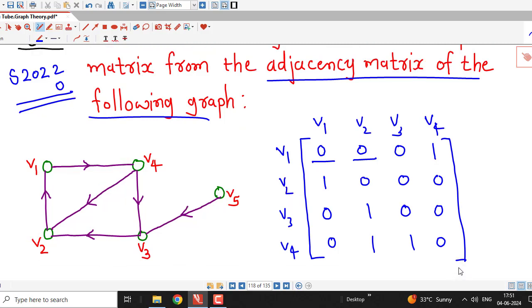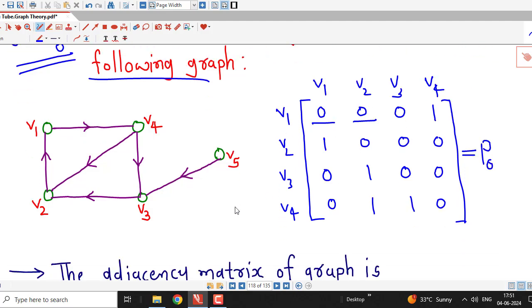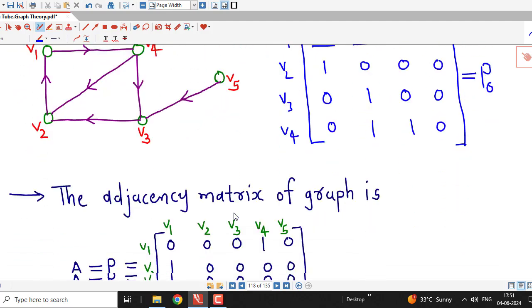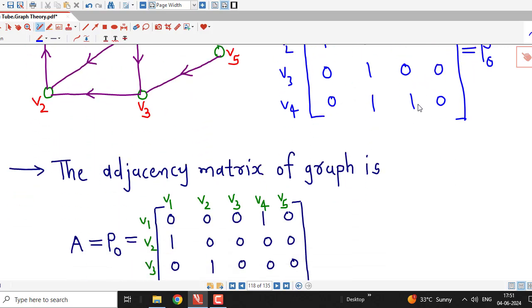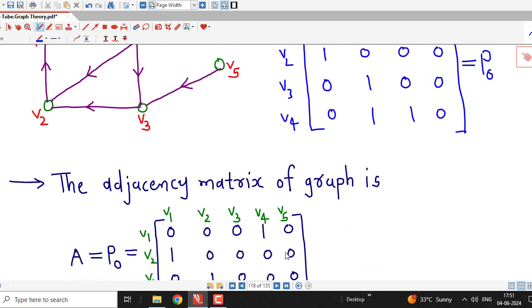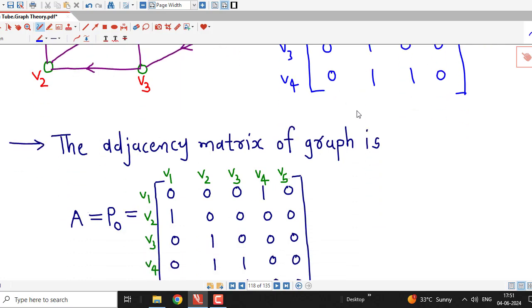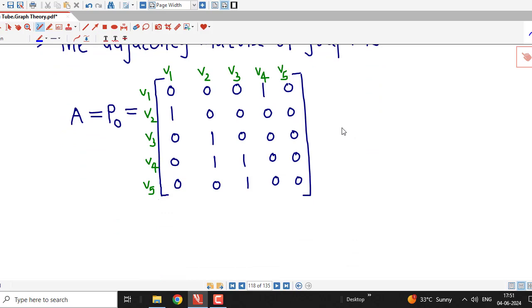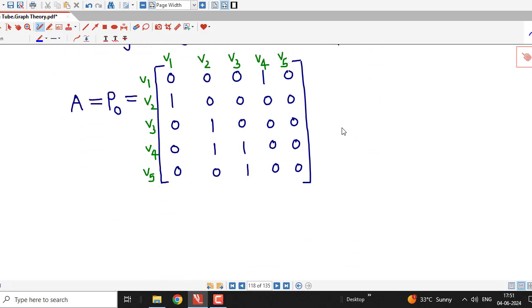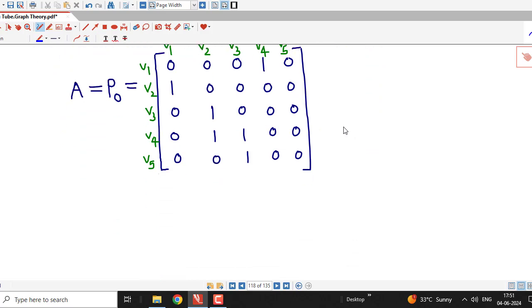So this is the adjacency matrix of the given graph that we will denote by P suffix 0. I have written this same matrix here. We can verify here: 0 0 0 1, then 1 and all entries 0, then 0 1 0 0 and 0 1 1 0. So this is the adjacency matrix of the given graph, and I have denoted it by P0.